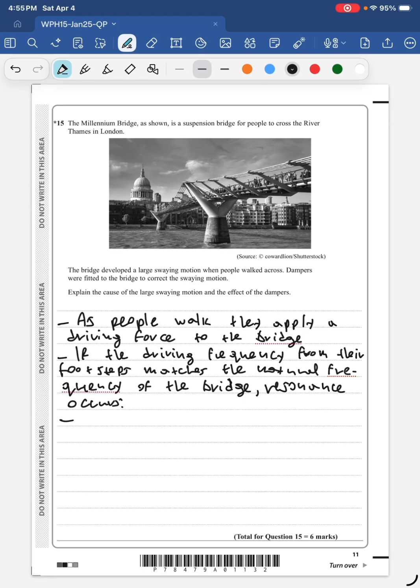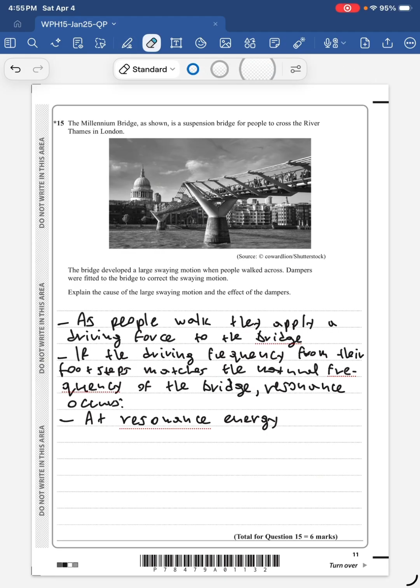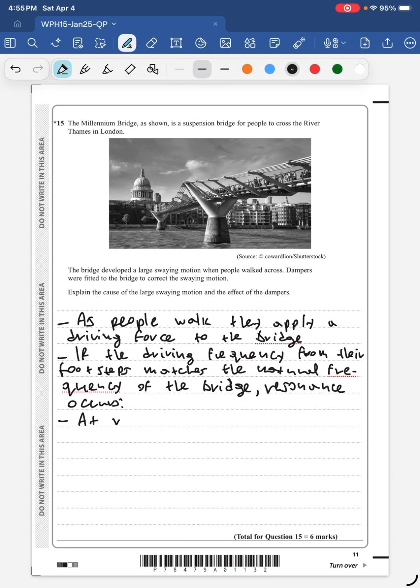The other point you can write is that at resonance, energy is transferred to the bridge very efficiently.